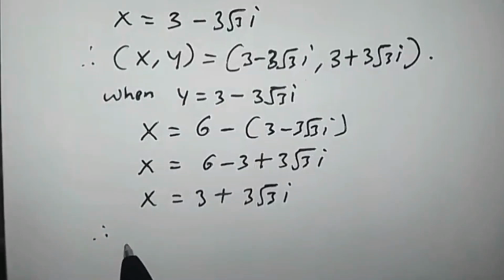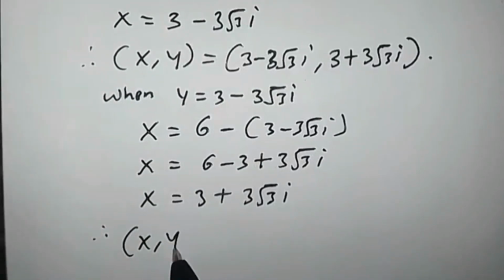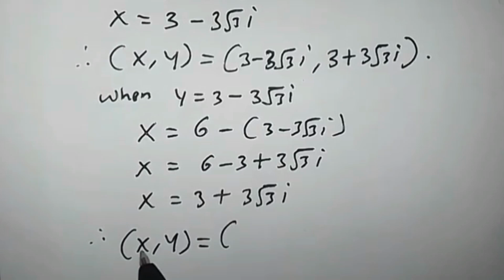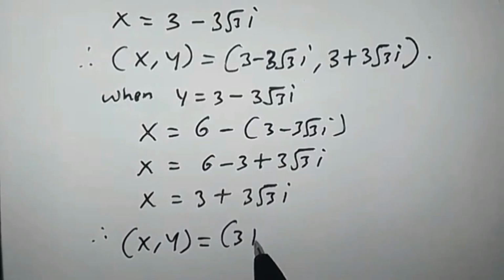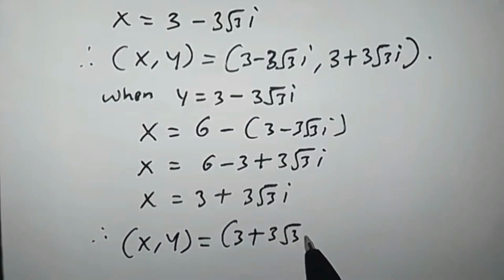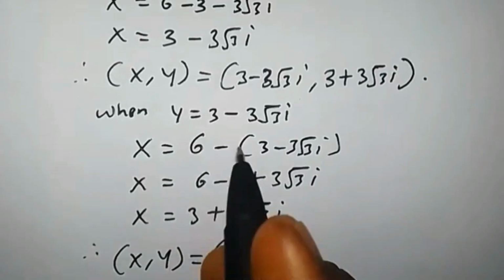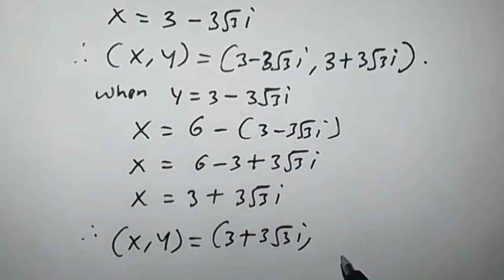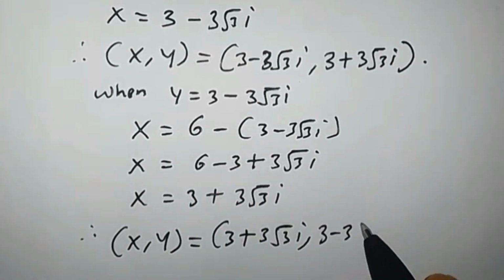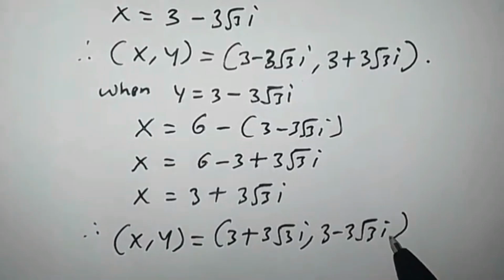Therefore, the second solution is simply x comma y equals, the value of x is this, 3 plus 3 root 3i. The value of y is this guy, 3 minus 3 root 3i.